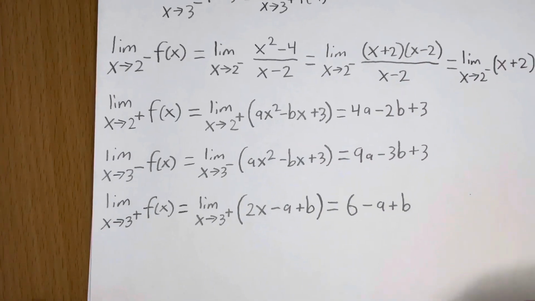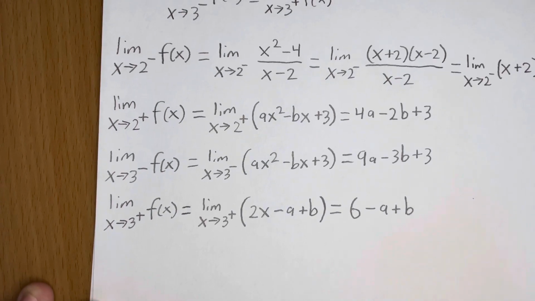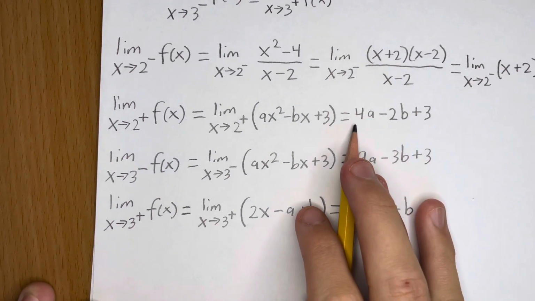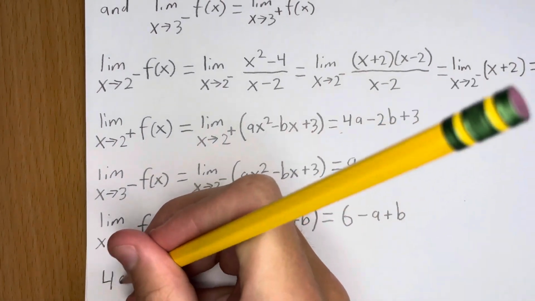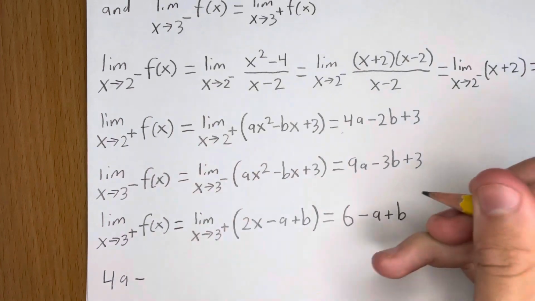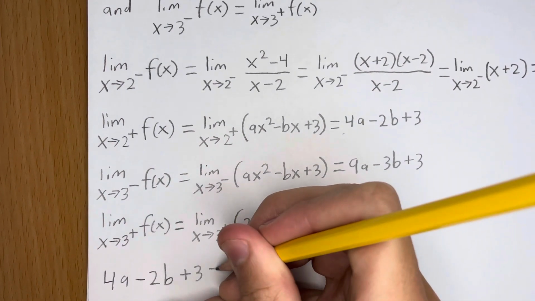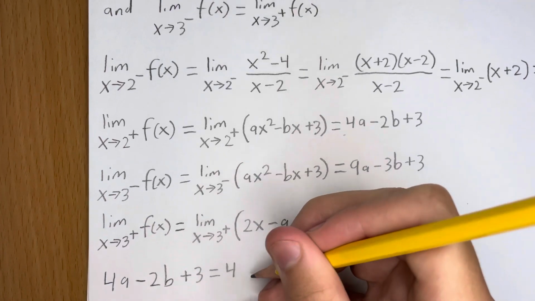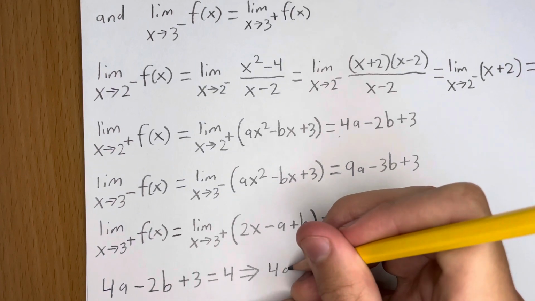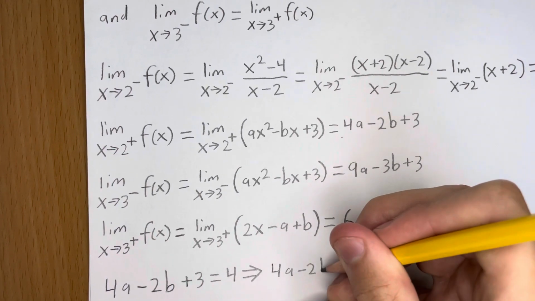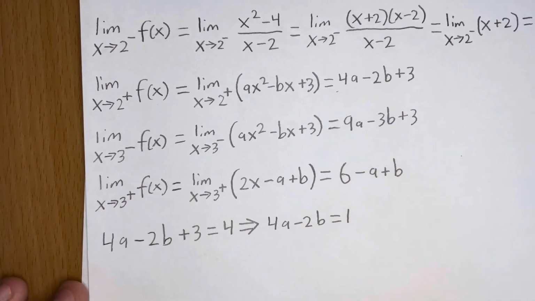Now that we have our different limits, we're going to set them equal to each other. So that's going to be 4a minus 2b plus 3 is equal to 4. We can rewrite this to say that 4a minus 2b is equal to 1 if we subtract 3 from both sides.